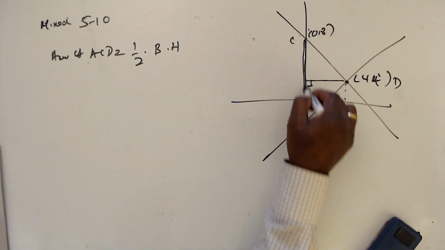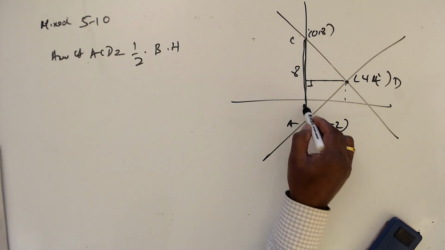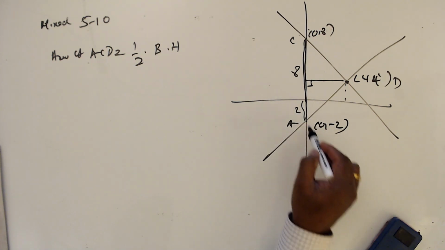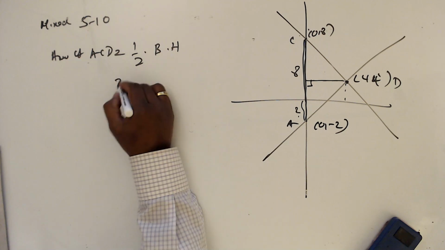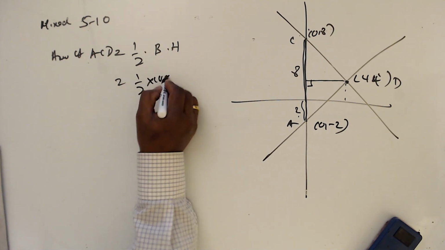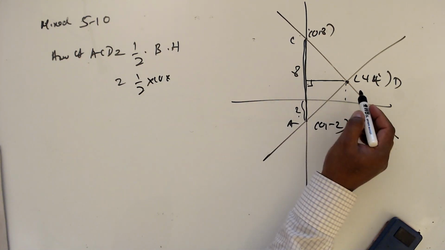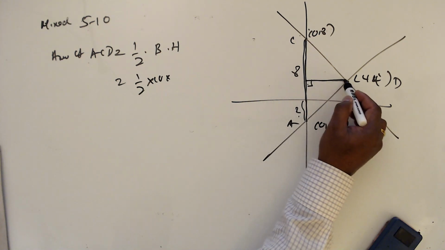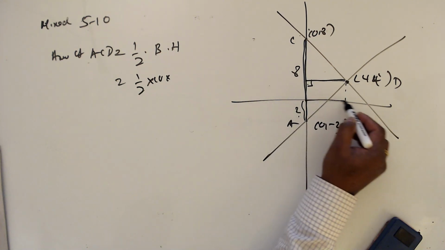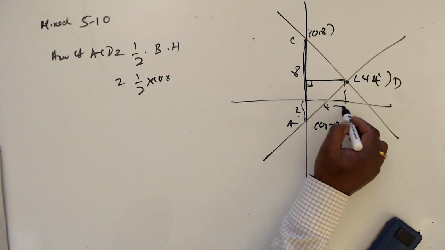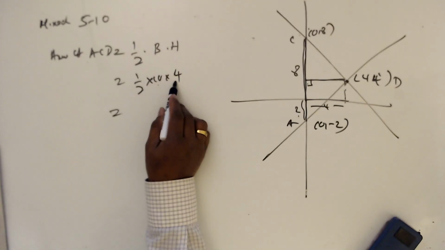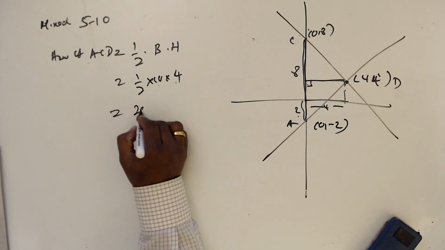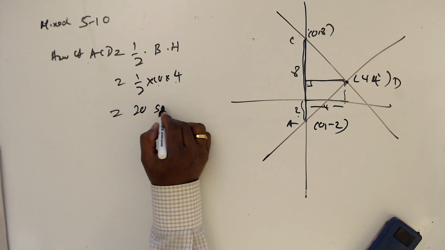So this goes up to here, 8, and this distance is 2, so the total is 8 plus 2, which is 10. Half times 10 times the height. The height is going to be this distance, which means the x value, 4. So 10 times 4 is 40, divided by 2, is 20 square units.